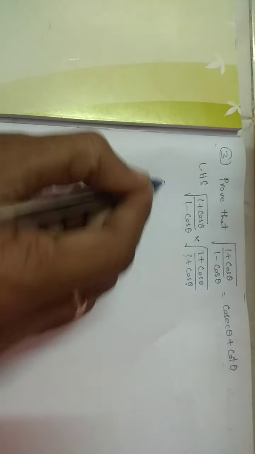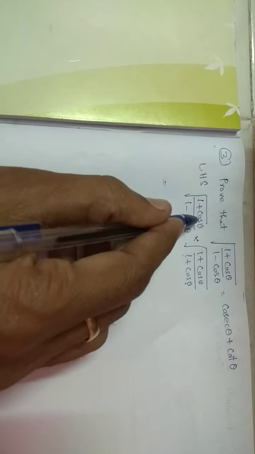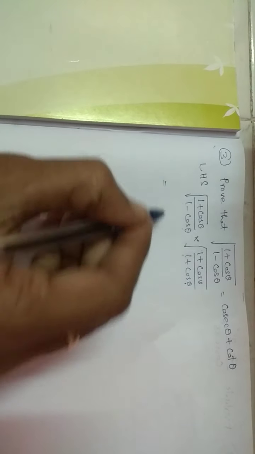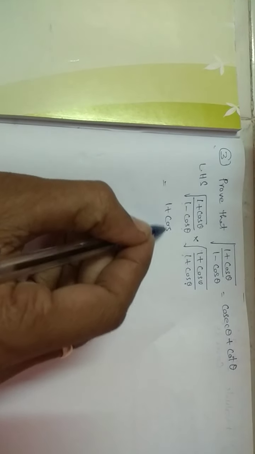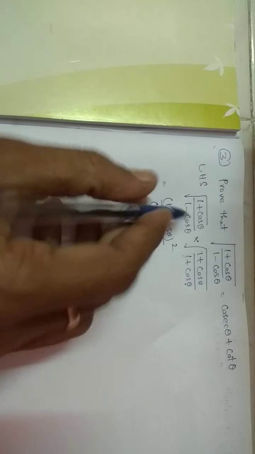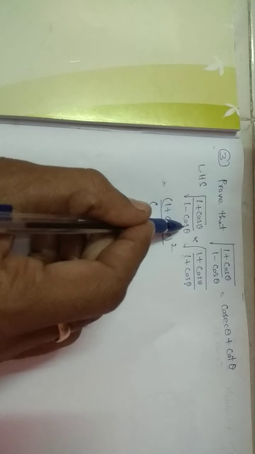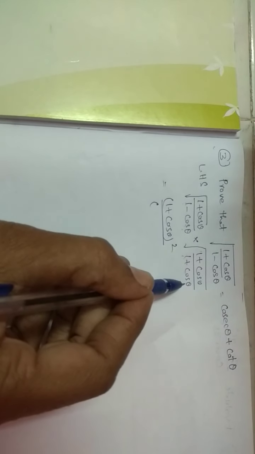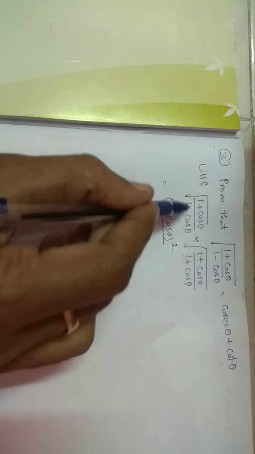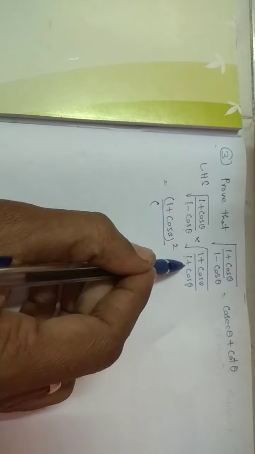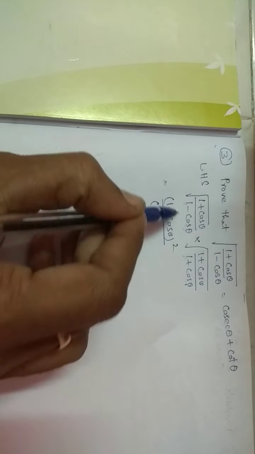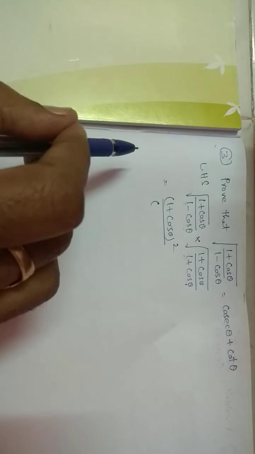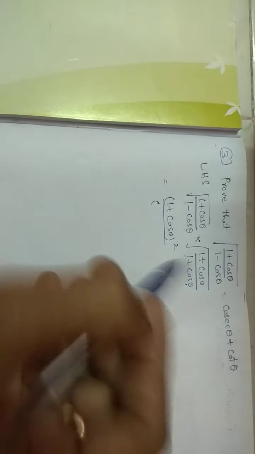So next step, this is 1 plus cos theta, this is also 1 plus cos theta. So 1 plus cos theta whole square by 1 minus cos theta into 1 plus cos theta. This is nothing but a minus b into a plus b, which is a square minus b square.